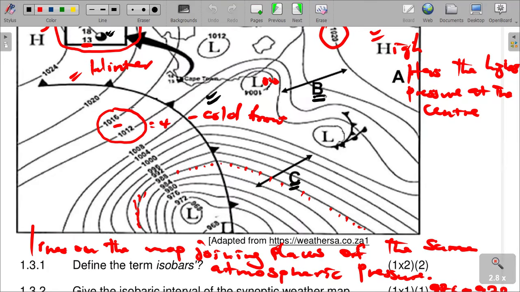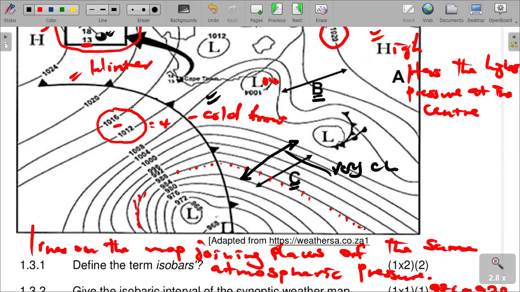The isobars are nearer in area C, but in B they are not so close to each other. The closeness of the isobars in C, they are very close.